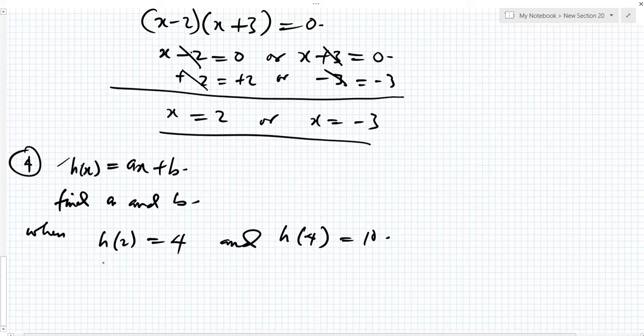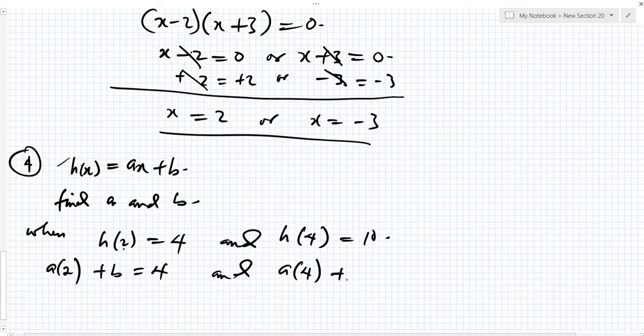So for h of 2, wherever you see x, you put 2. So you have a times 2 plus b equal to 4. And for this one, wherever you see x, you put 4. So you say a times 4 plus b is equal to 10.